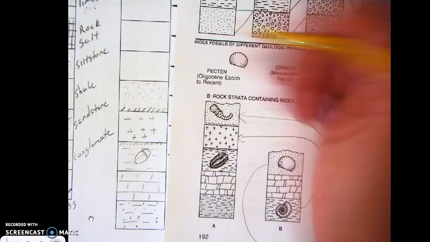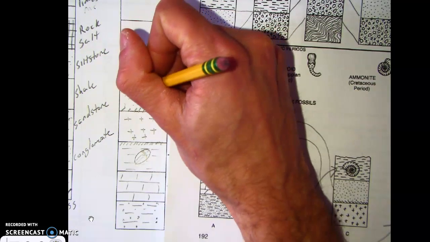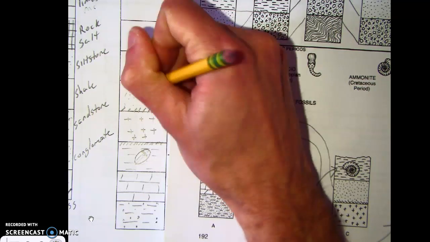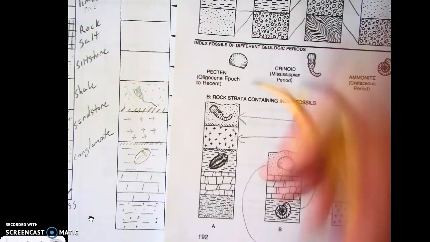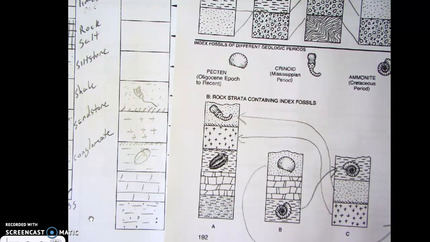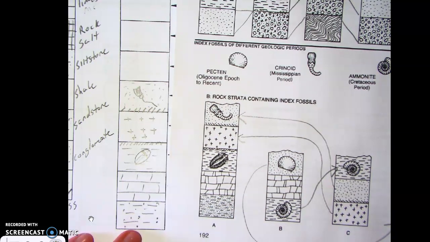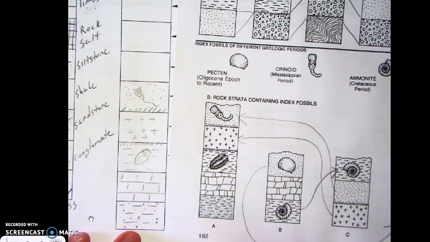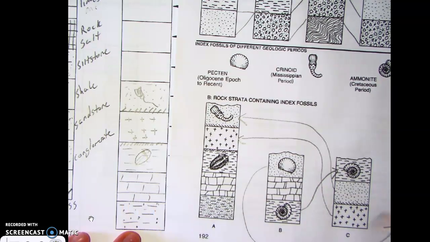Again, I'm just drawing column A basically. And I'll draw something like that. Again, crinoids lived on the seafloor. They had tentacles. They would wait for tasty things to come along and catch them in their tentacles. So that's column A.